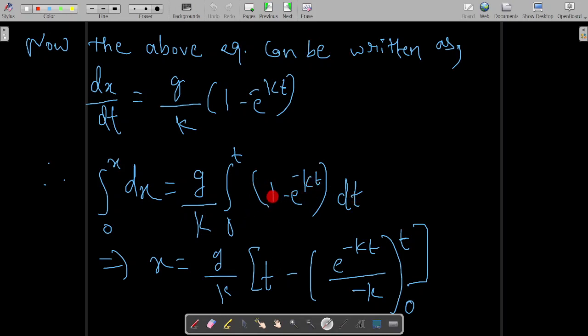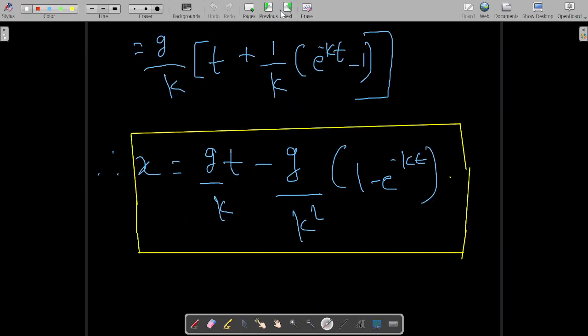So this 1 dt will become t, and t minus 0 will be here. And what is the integration of this? I don't need to tell you. These are just mathematical manipulations. You can understand all this yourself. This is the final expression which you get from here, that is the expression for displacement. It looks something like this.